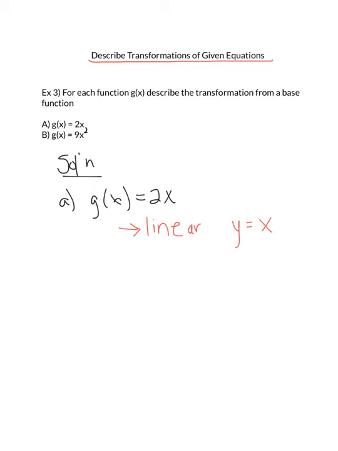Moving on from there, we can then decide what transformations are taking place. I'm sure that 99% of you right away would see this 2 and say that a equals 2. Hopefully, you would recognize that this means it's a vertical stretch by a factor of 2.